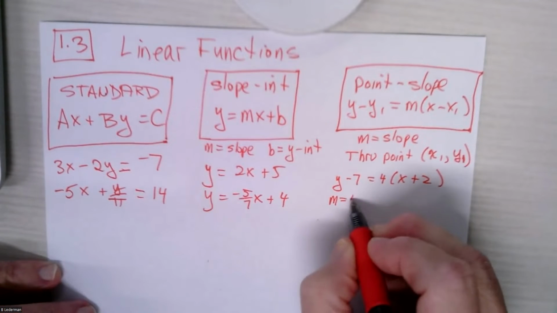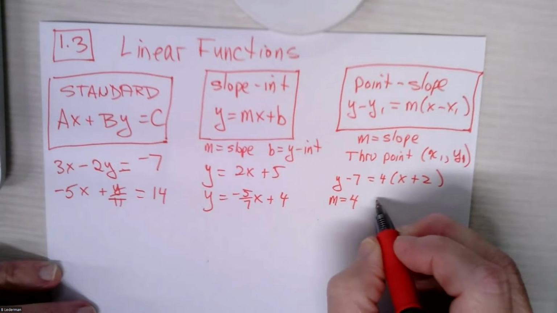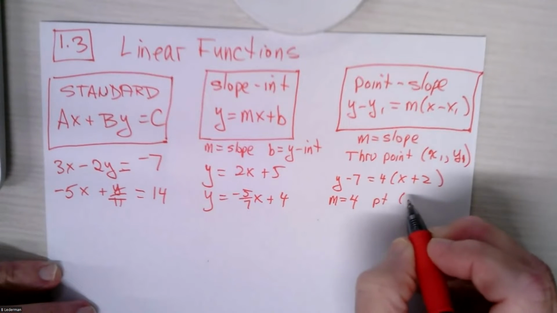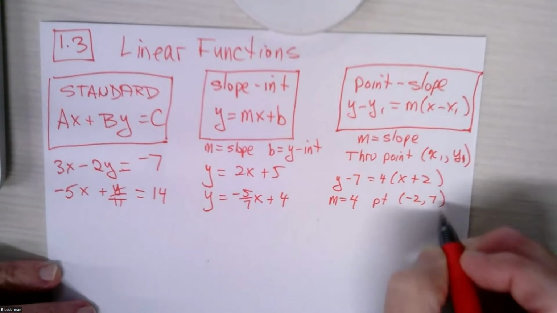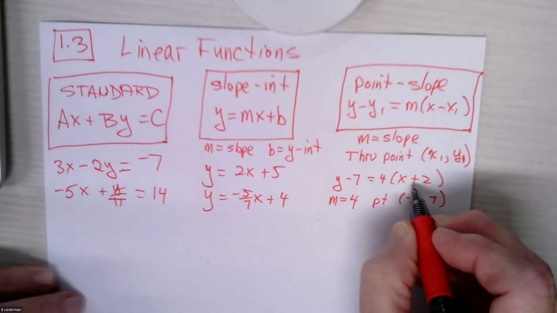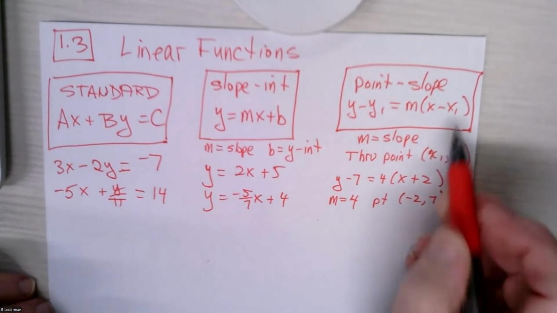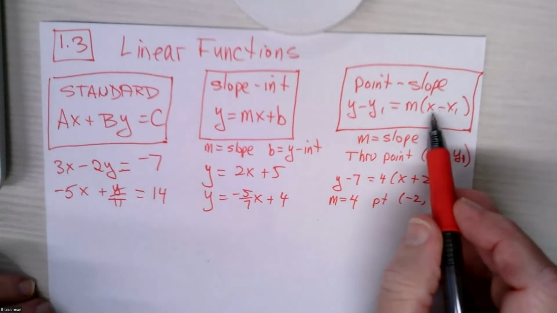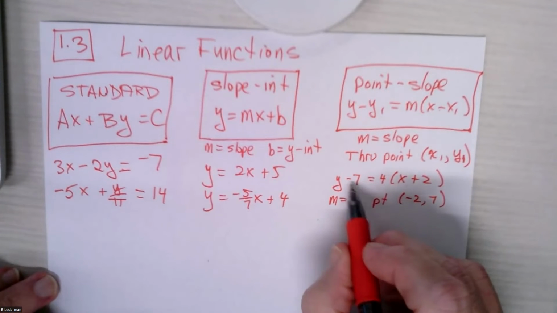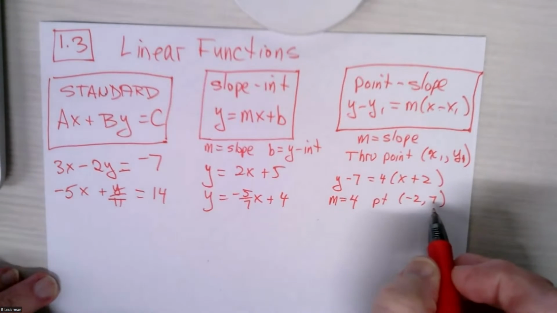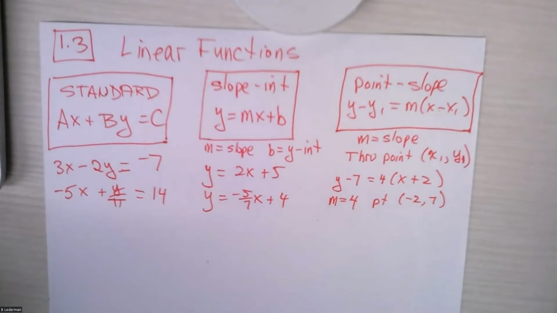I get it from that number right there. And it goes to the point -2 comma 7. Why -2? Because x plus 2 is the same as x minus -2. So it has to be what x is subtracting. So it's x minus -2, that's -2, and that's y minus +7, my +7. And that is that form.